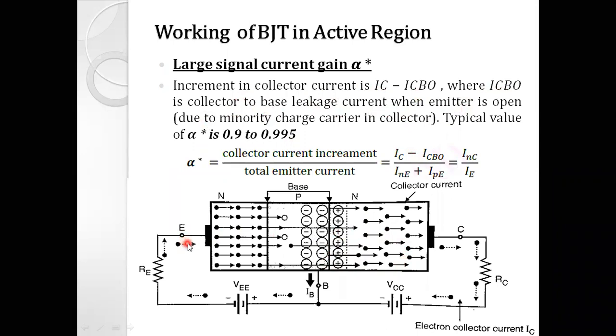Emitter open means there is no biasing between the emitter and the base region. That means this VEE is not present. Due to the presence of only VCC, the current flows between the base and collector terminal, that is known as IC minus ICBO.